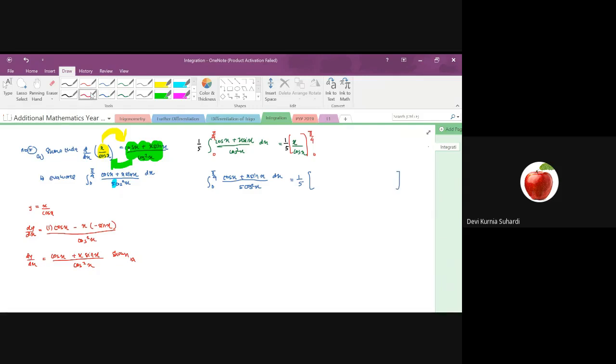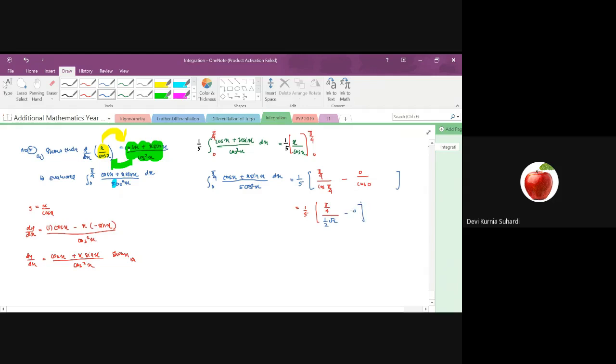So we sub in: pi over 4 over cosine pi over 4, minus 0 over cosine 0. Okay, pi over 4 is 45 degrees, so cosine 45 degrees is one of our special angles, half root 2. If you forget, you can just press your calculator.